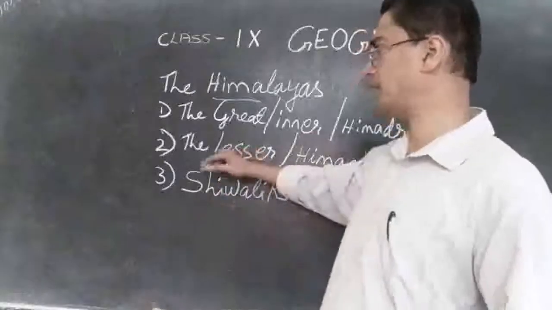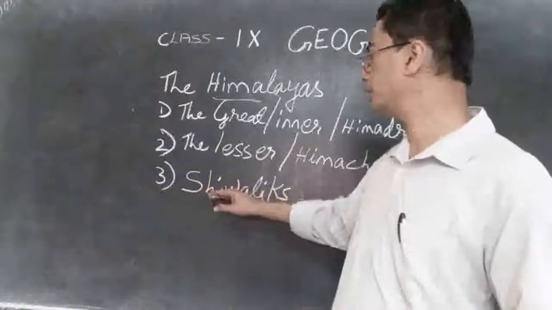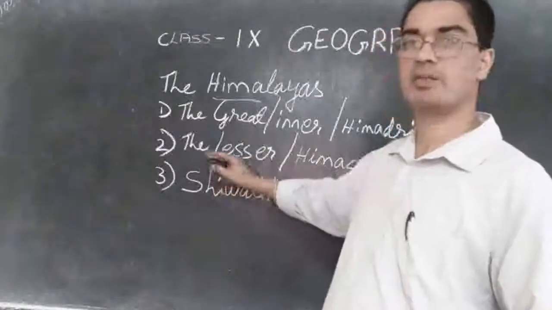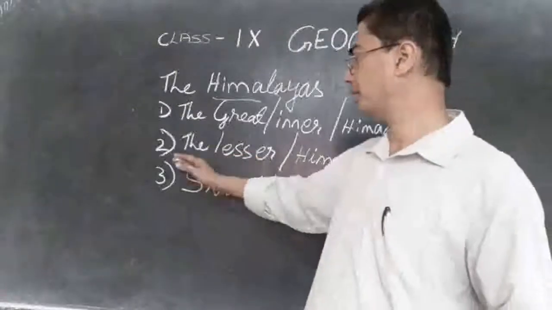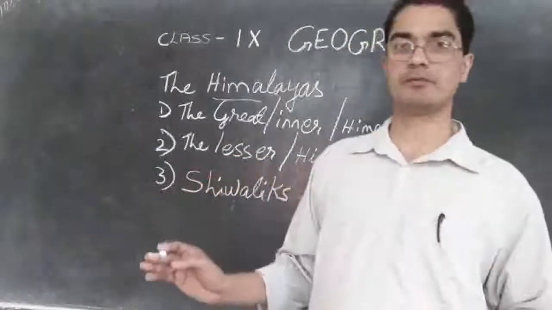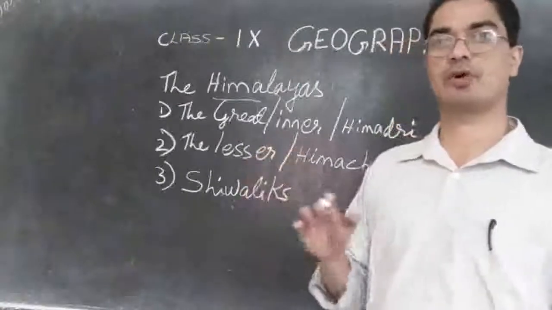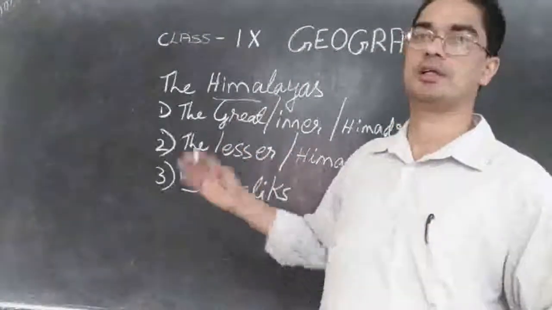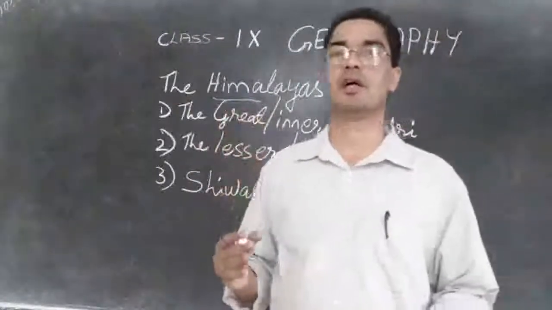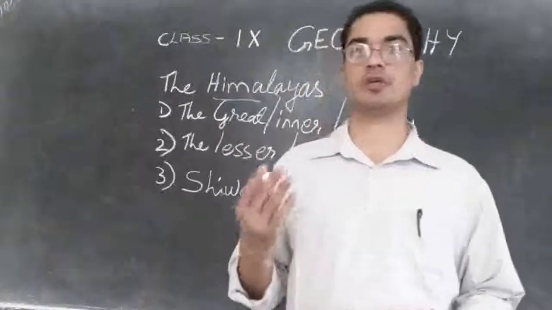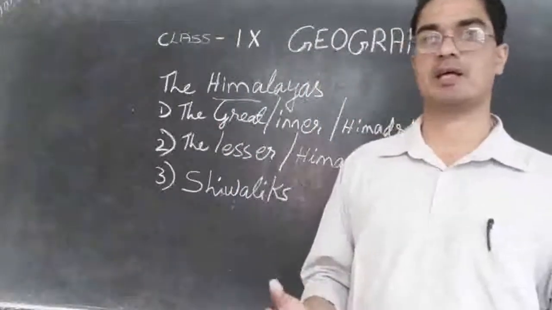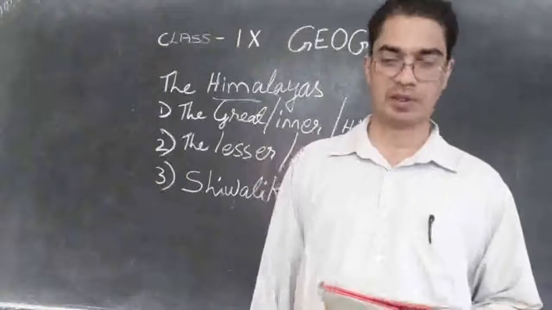So between this second range and the third range, that is the lesser Himalaya and the Shivalik, there is a valley. And mainly this valley is formed because it is being filled by the rivers bringing a lot of gravels, sand and alluvial soil and so on.